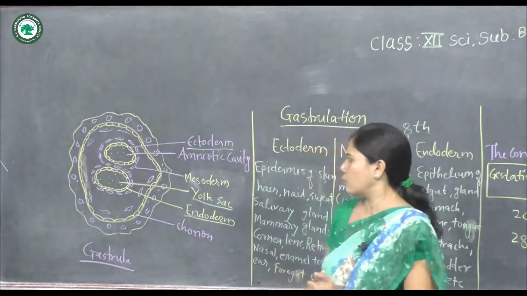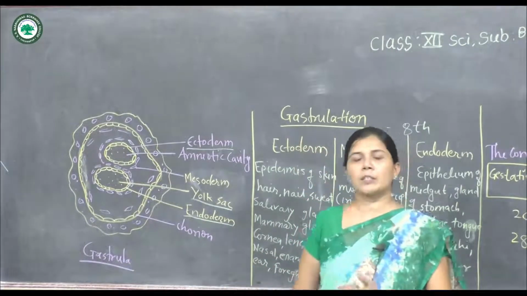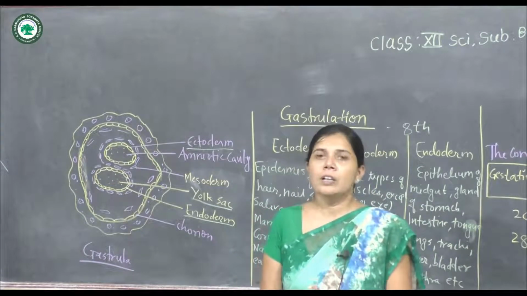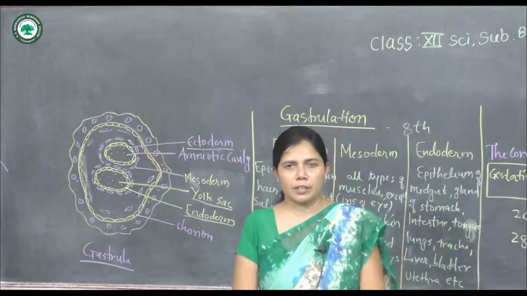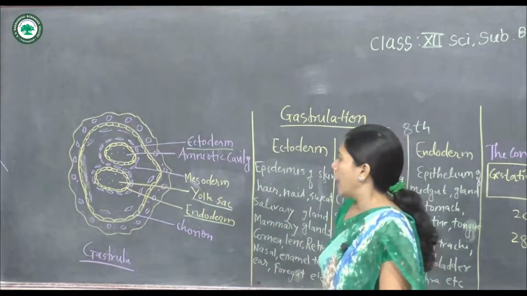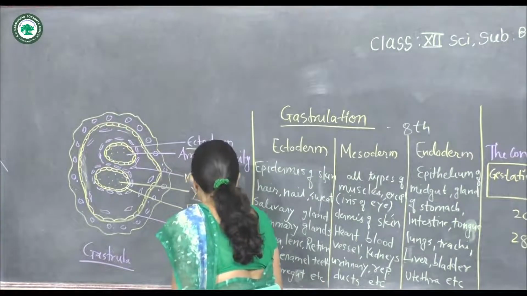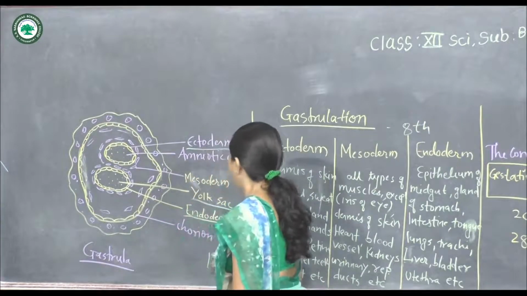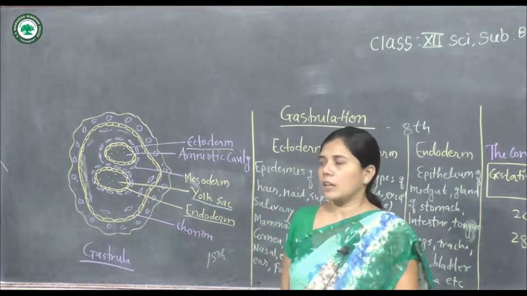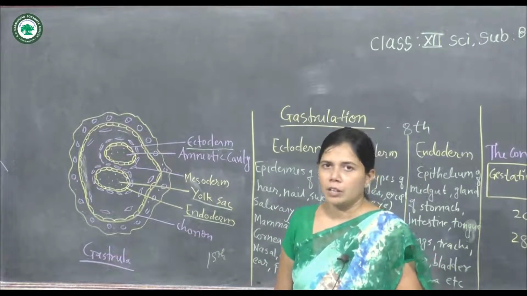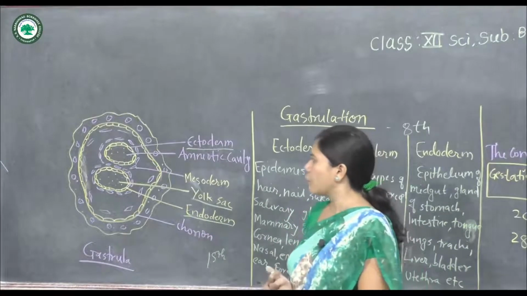The actual gastrulation, meaning the formation of the two germinal layers, ectoderm and endoderm, is carried out at the 15th day after fertilization, forming a bilaminar structure in between the amniotic cavity and the yolk sac.